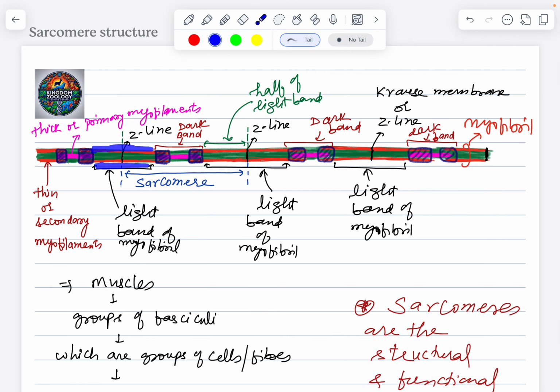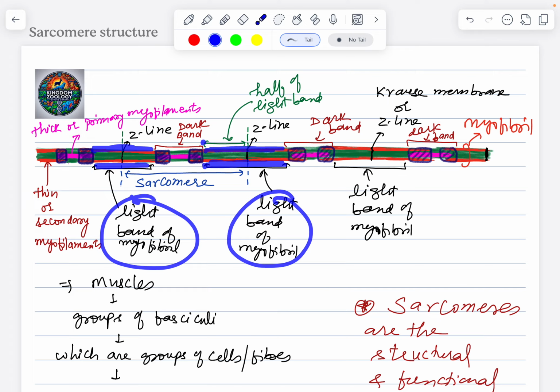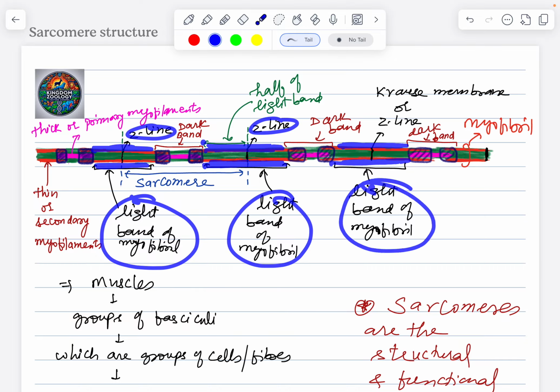This is your entire light band. It's totally light, completely, uniformly light. Here also is one complete light band, completely uniformly light, except just a small faint Z line in the center. Here also completely uniformly light. But between them, what is there? Dark band.